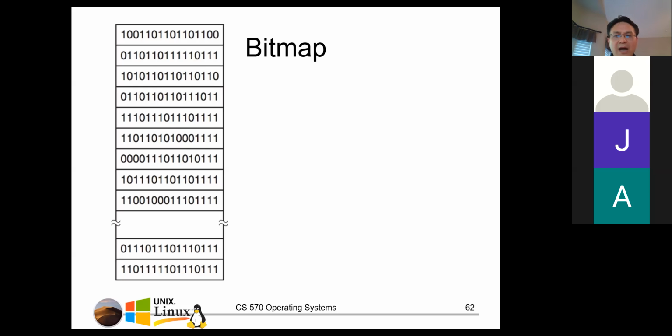Okay, so how is the bitmap stored on the disk? The layout is like this. Essentially, you would group bits together in word units.